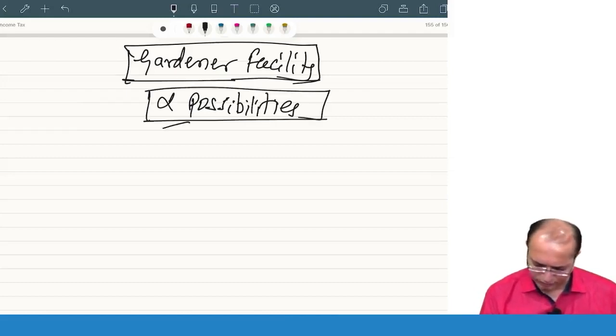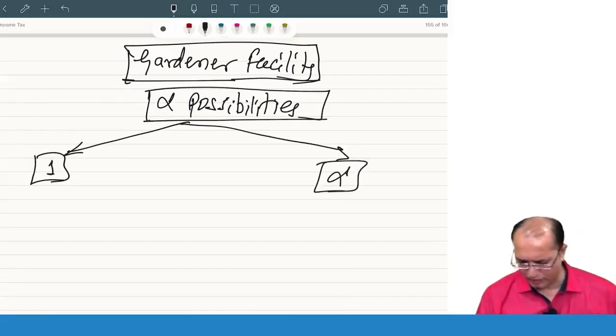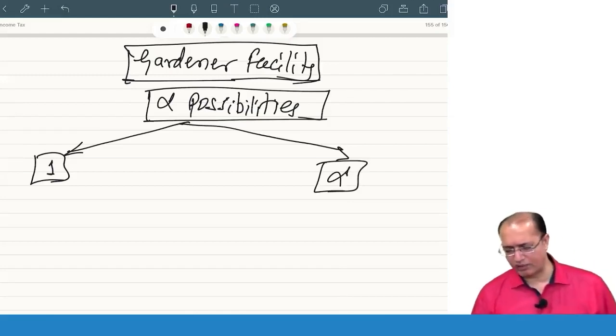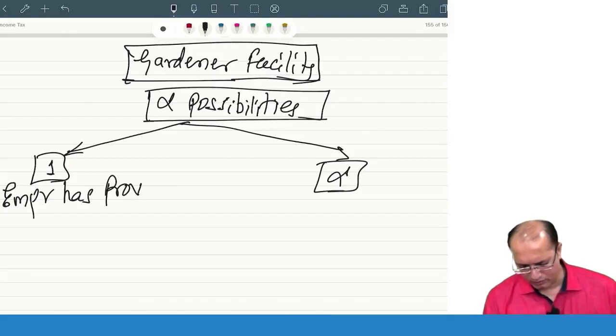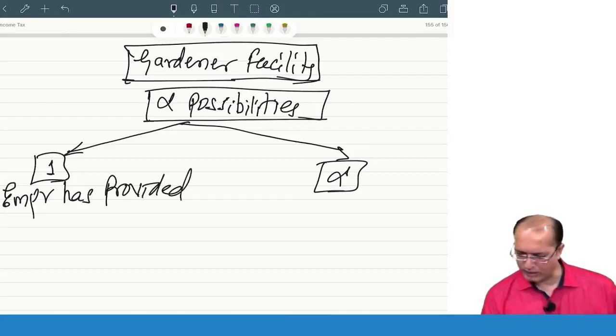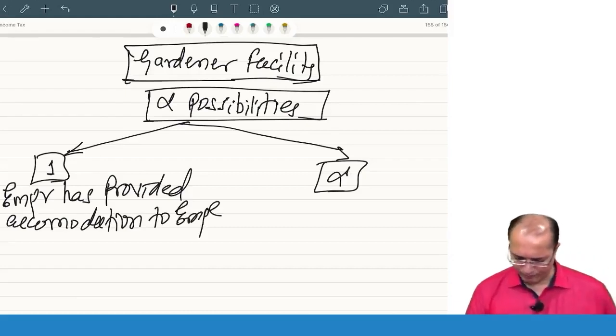Possibility number 1 and possibility number 2. Possibility number 1: the employer has provided accommodation to the employee.